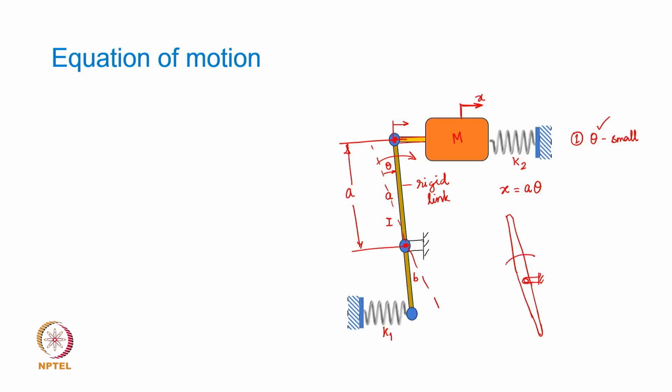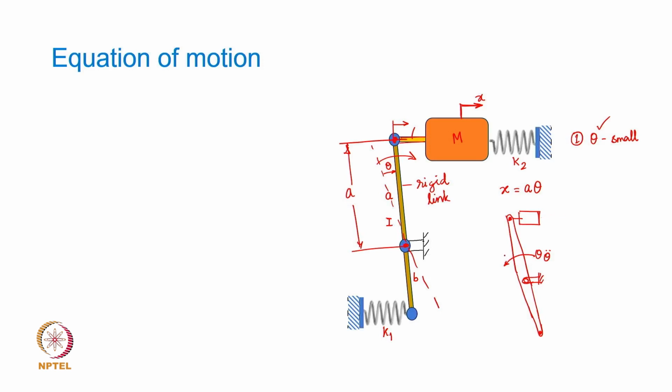What is the assumed degree of freedom? That is our rocking motion, the theta angular degree of freedom, and then there is a mass, since this link is also rigid, you can assume that the mass is sitting here, and the mass moves along with the link, right. And then there is a spring which is connected here.